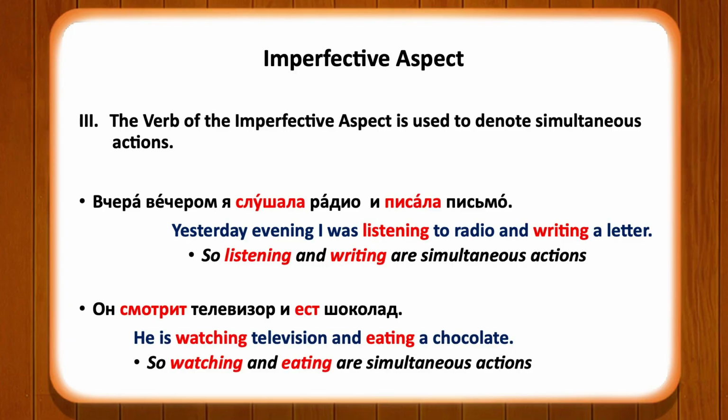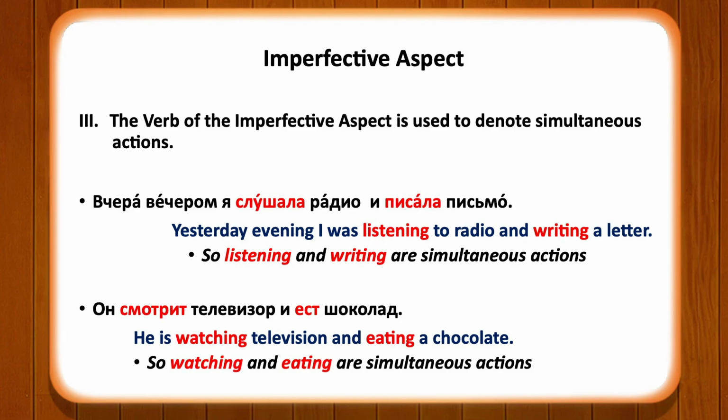So first was to denote an action which is in progress or ongoing. Second was to denote a habitual or repeated action. The third condition to use an imperfective aspect verb is to denote simultaneous actions.